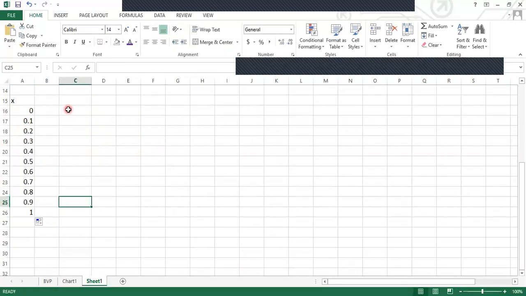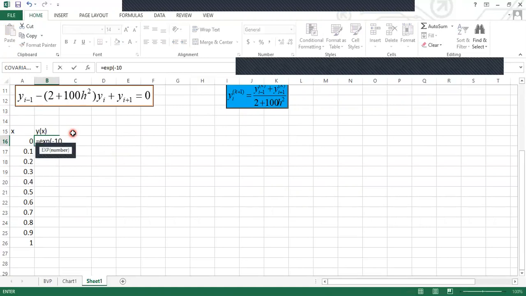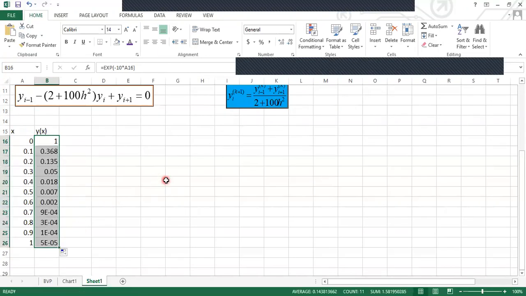So this is the domain of x values. Let me develop here the exact solution y of x. This is for comparison. So this is equal to e raised to the power minus 10 times the x value. So we can generate these values.